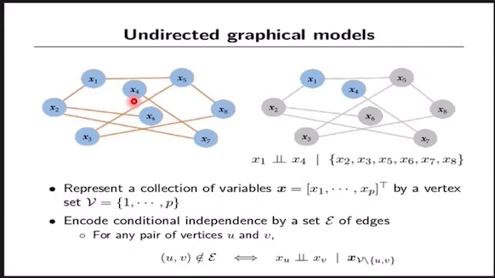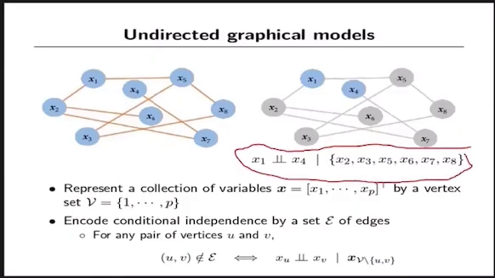And that is exactly what I'm trying to say here. Please pay attention. Look at this statement here. Can you see that statement there? The statement is trying to say x1 and x4 are conditionally independent. I told you the other time, conditional independence means absence of a directed edge, no arrow between them.